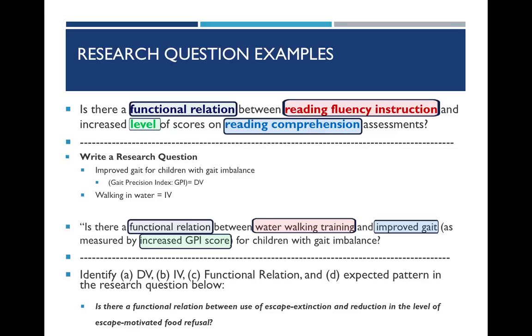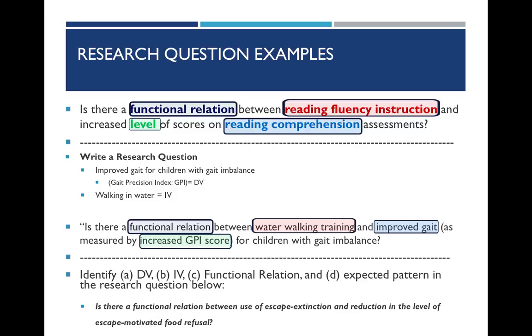And with some children with significant disabilities, food refusal can actually become a significant physical danger for the children. The strategy, or a strategy, that has been used successfully is a protocol called escape extinction. So that's a strategy that has been used. So given that information, look at this research question.